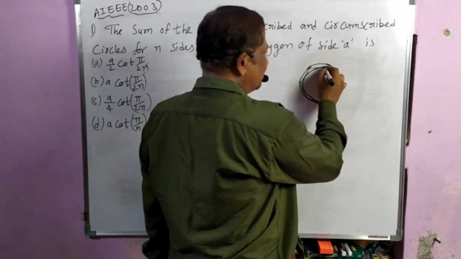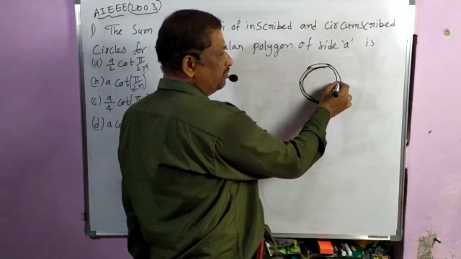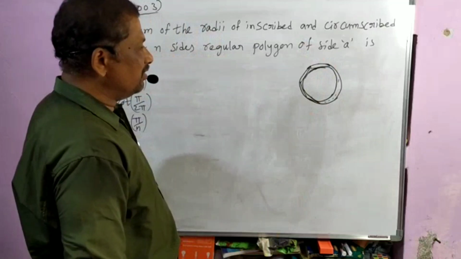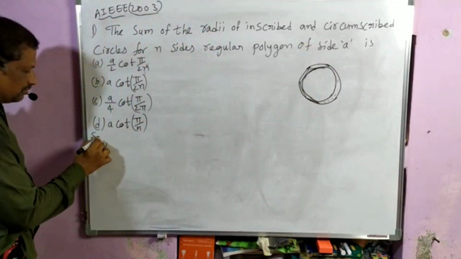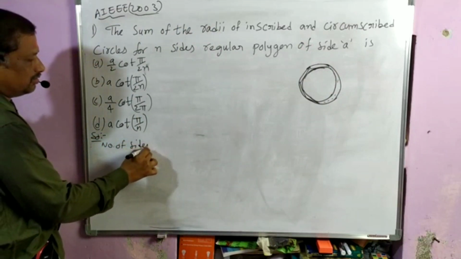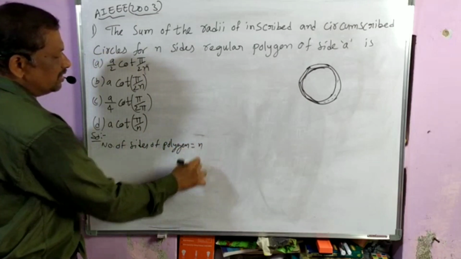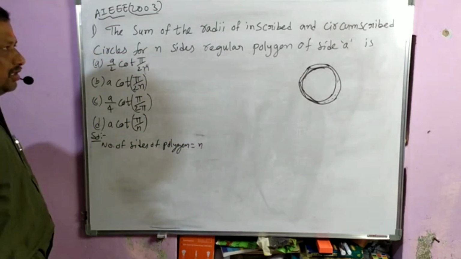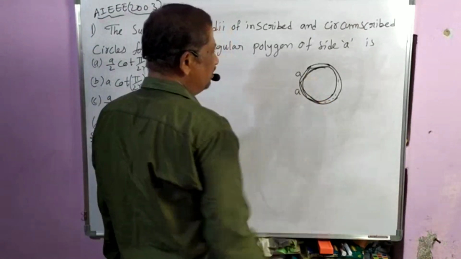Two circles like this. So the sides we don't know, so on I am keeping. So n sides is given, the number of sides of the polygon. Okay. Next, each side whose length is A is given.